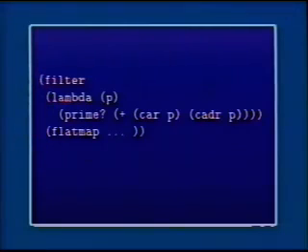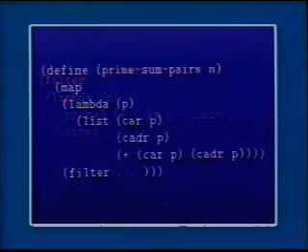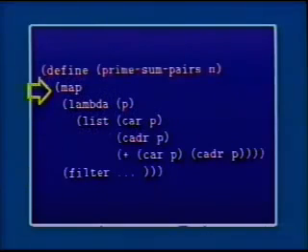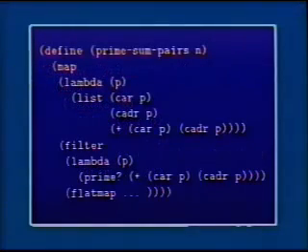So those are the pairs we want. Now we take the result of that filter, and we map along it, generating the list i and j and i plus j. And that's our procedure prime-sum-pairs. Okay, and then just to flash it up, here's the whole procedure. Right. Map, a filter, a flat map.